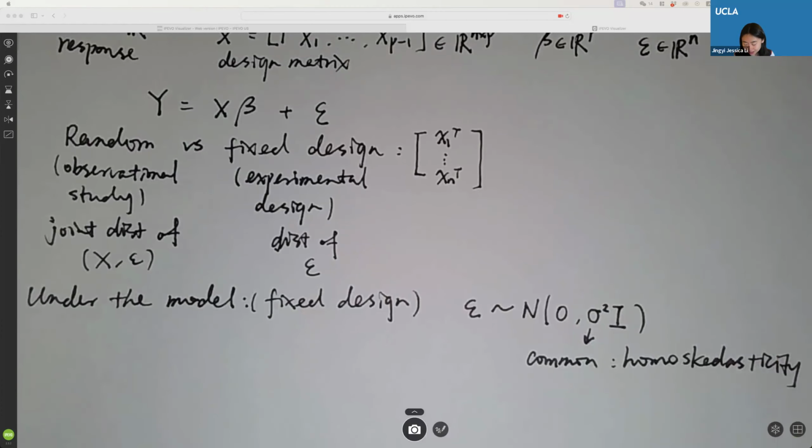What is sigma squared? It is something necessary to specify the error distribution, the randomness in the model. It's not so interesting, but it's necessary to be accounted for. That's why sigma squared is called a nuisance parameter, as I mentioned last time. Beta is called the parameter of interest.